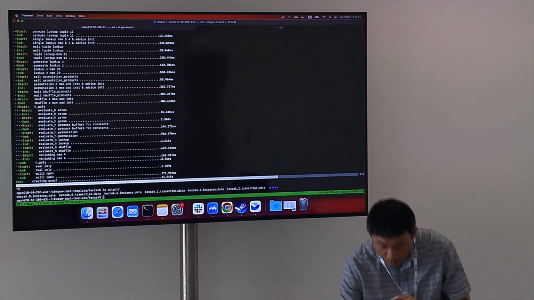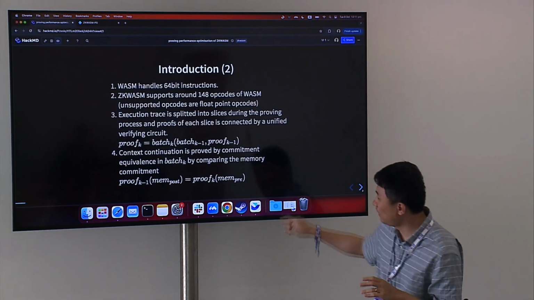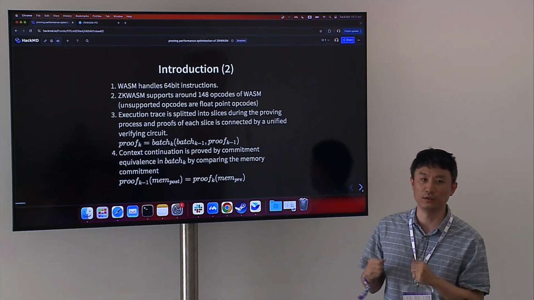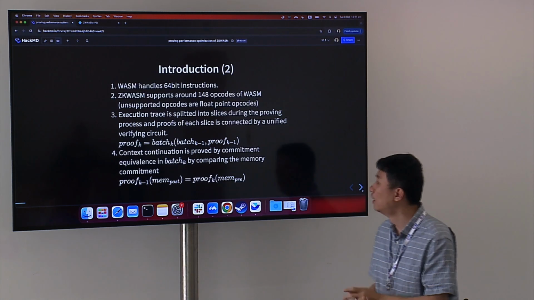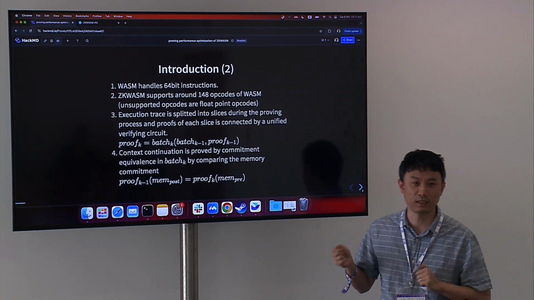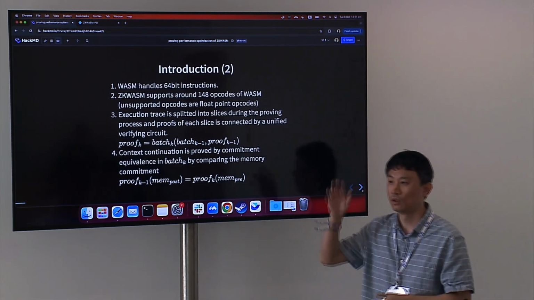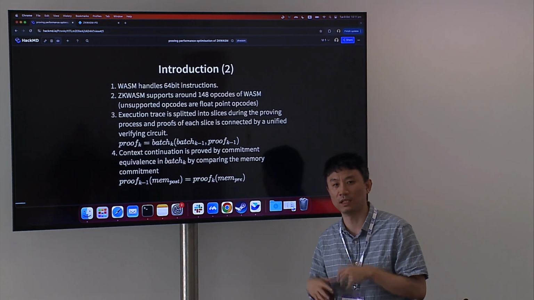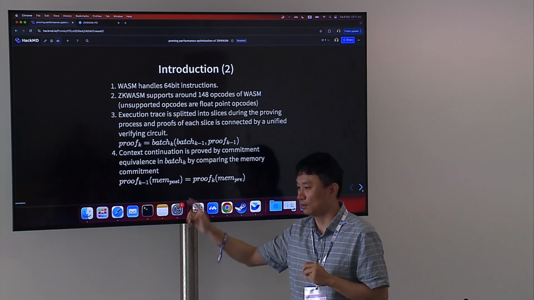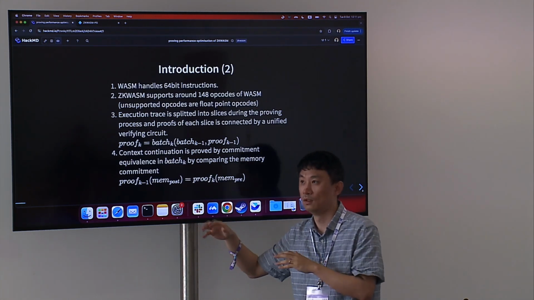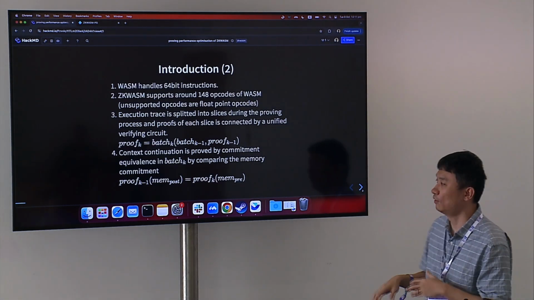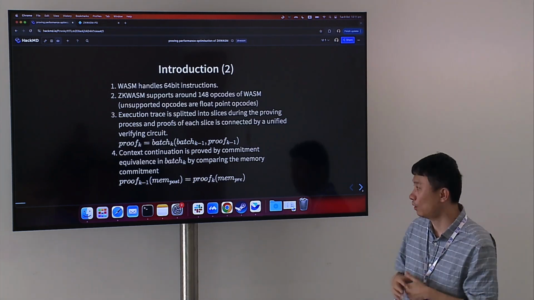So when we have these slice proofs, we have to make sure that the memory is continuous between different slices. There are many ways to do that. We happen to choose a very old-school technique, which is comparing the commitment of the memory column. For each proof in the batch, we make sure that the commitment of the memory column for the previous slice is equal to the pre-image commitment of the memory column of the next proof.